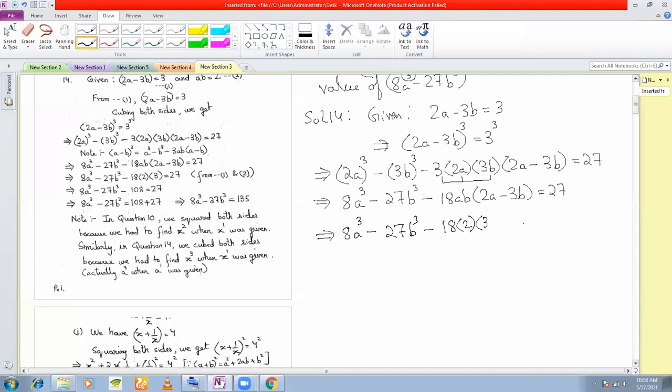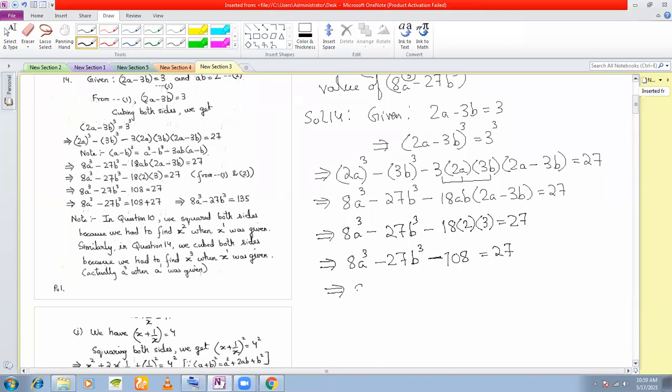Is equal to 27. So now you get 8a cube minus 27b cube minus 36 into 3, 108.